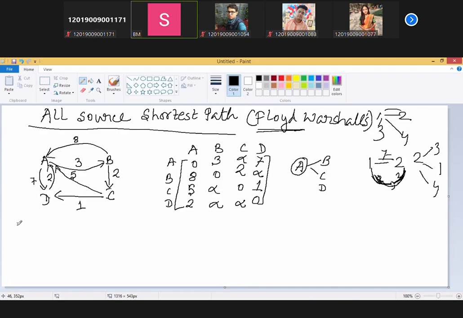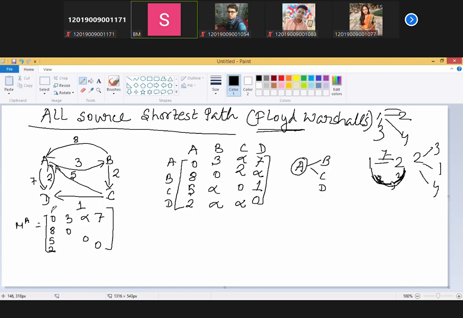So first, say I'm taking A as fixed. You just copy column A and row A as they are, and the diagonal as 0.